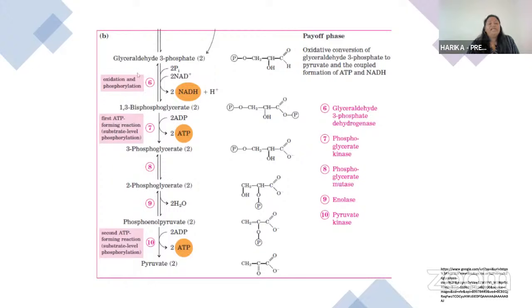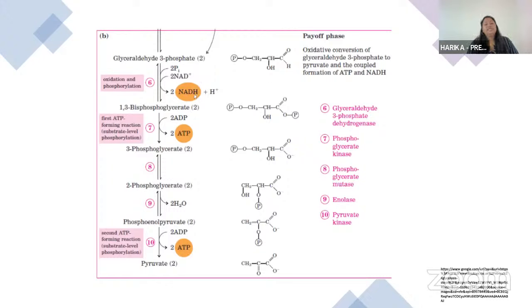So glyceraldehyde 3-phosphate, on oxidation and phosphorylation, gets converted into 1,3-bisphosphoglycerate, and the enzyme involved is glyceraldehyde 3-phosphate dehydrogenase.